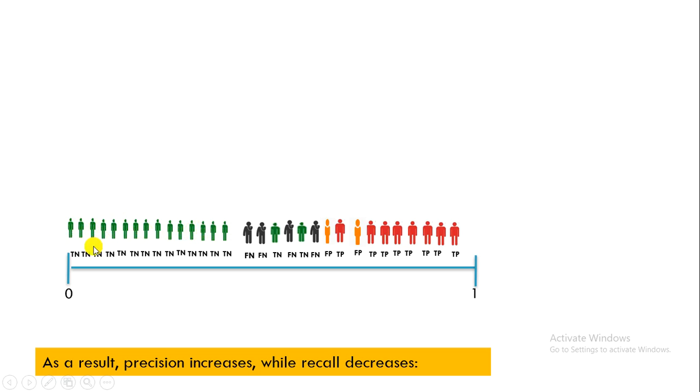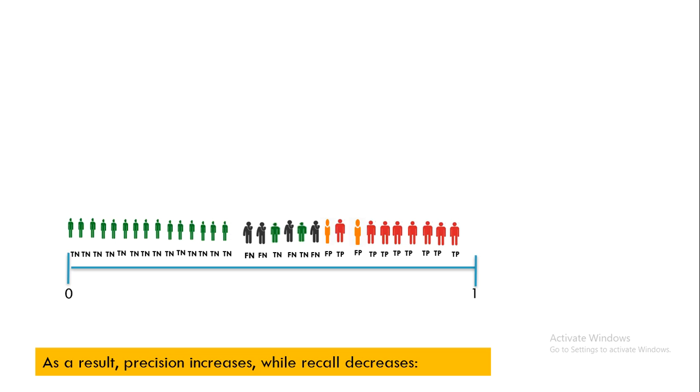Those people have lesser probability. They are less likely to have the COVID. So we can use the probability as it is, or we can convert this probability into binary values.